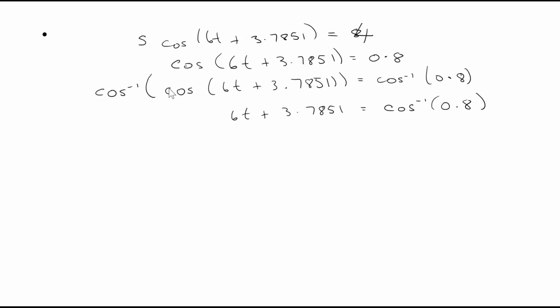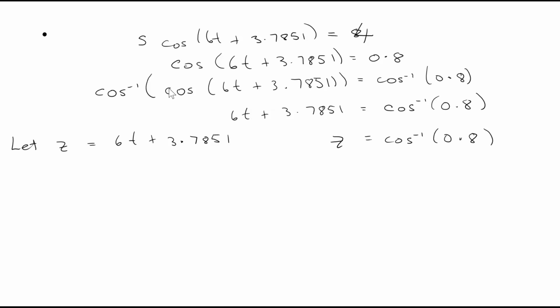Now, mostly it's best to say let z, even at the previous stage, let z equal 6t plus 3.7851. So z equals cos inverse of that.